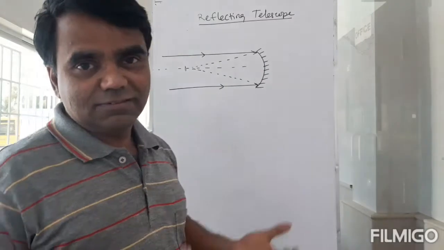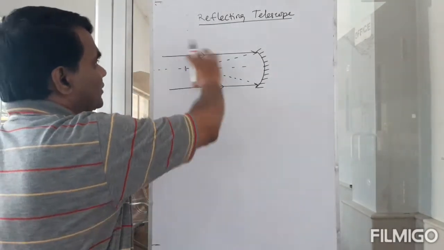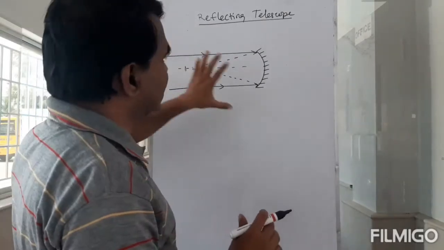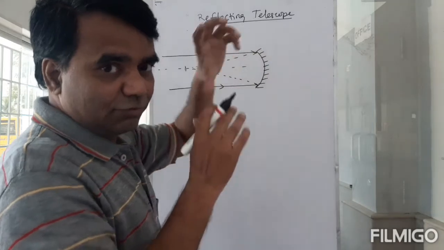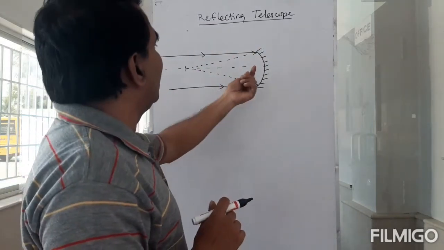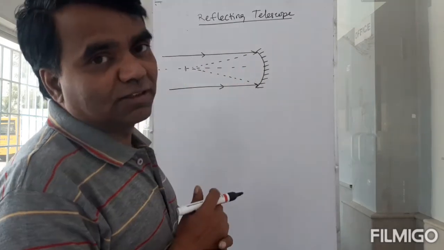Then I'll be able to see stuff very easily. So the only difference here is that instead of having a lens do this focusing, we are using a mirror to do that.